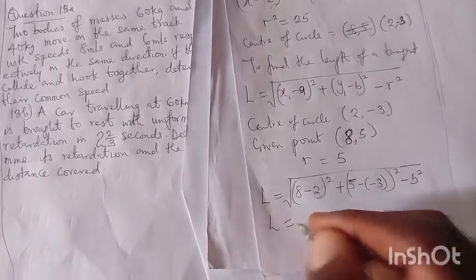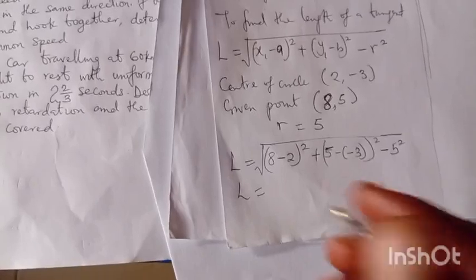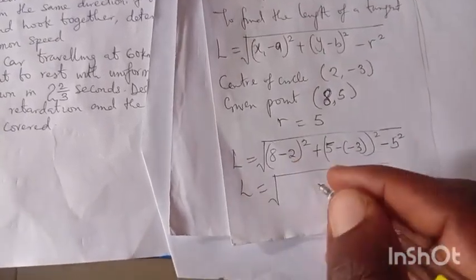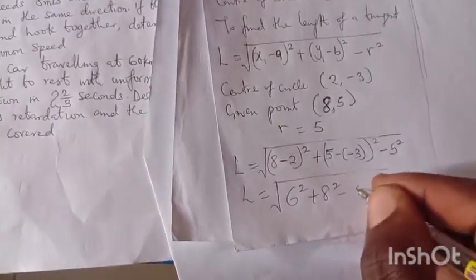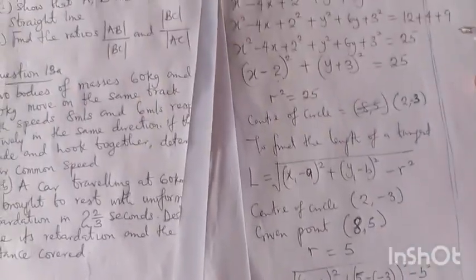When you put it together, you can continue from here. Let me wait for you. Take it from where I am currently. If you have done it right, you are going to have 6 squared plus 8 squared minus 5 squared.